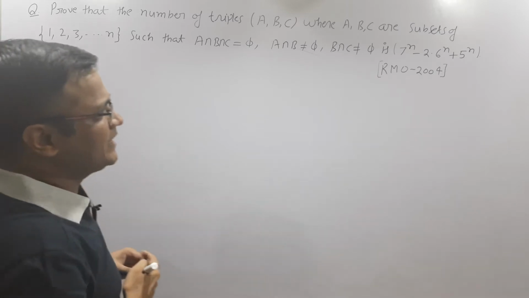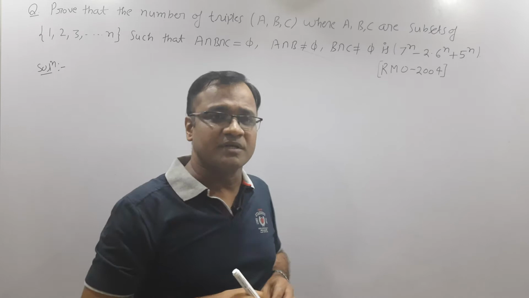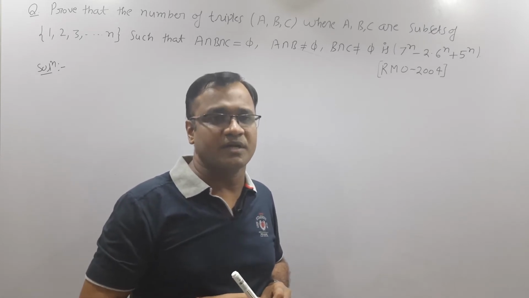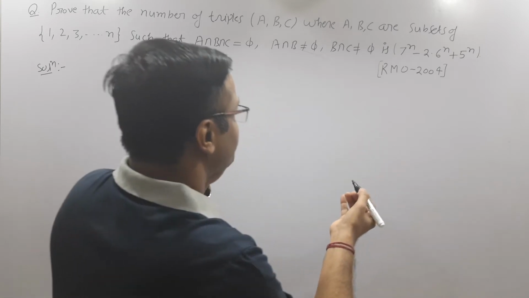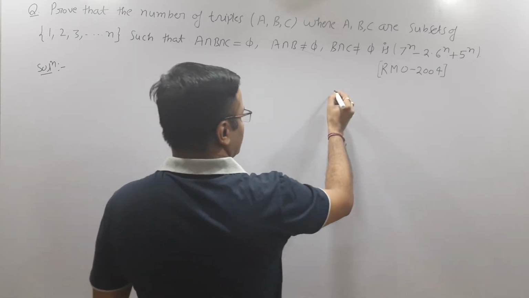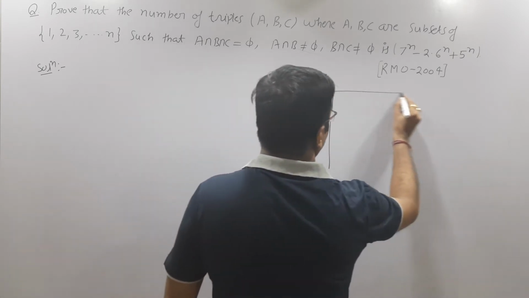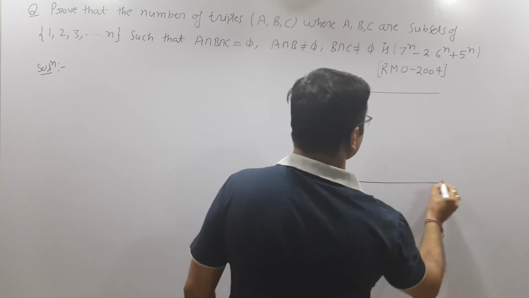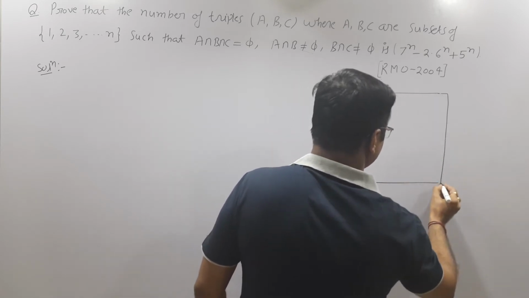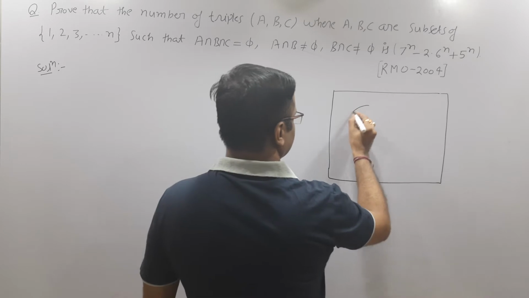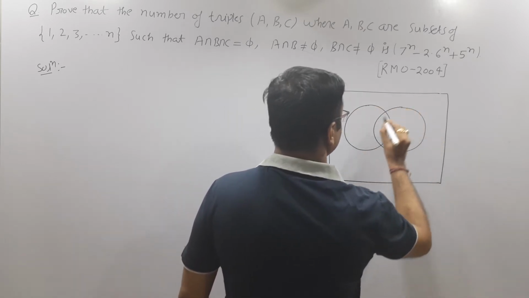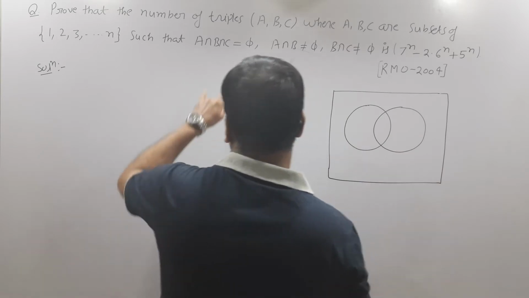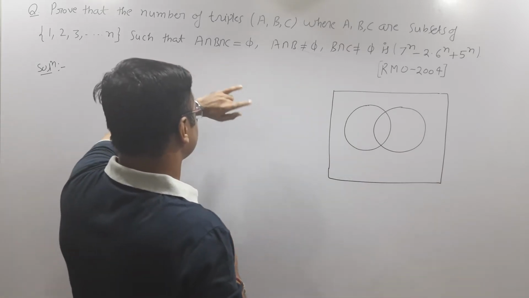I am going to solve this problem by using the method of inclusion and exclusion, PIE, principle of inclusion and exclusion. So let us draw a Venn diagram. This is a set A, another set B, and C is a set such that A intersection B intersection C is empty.